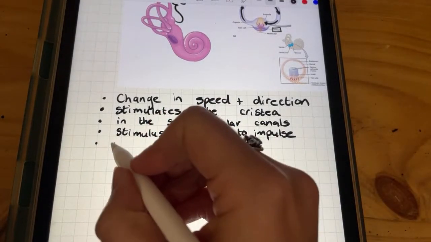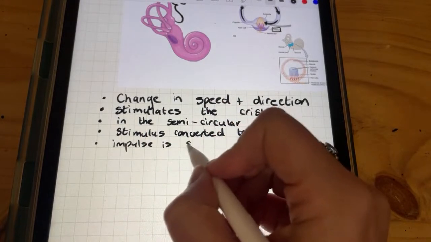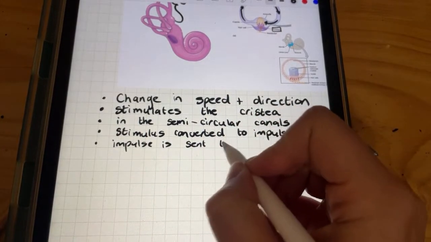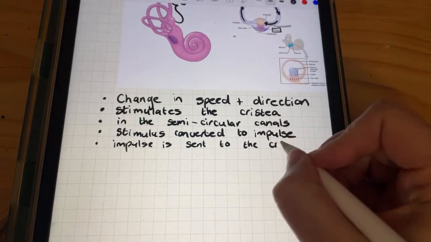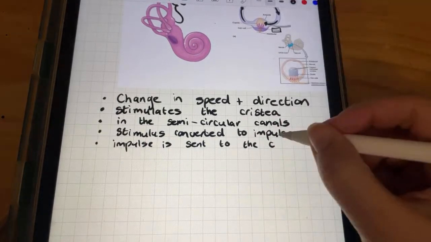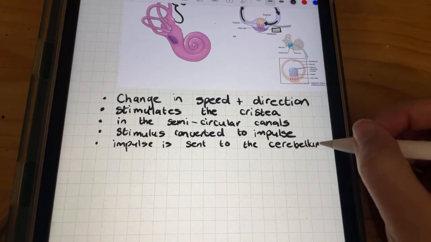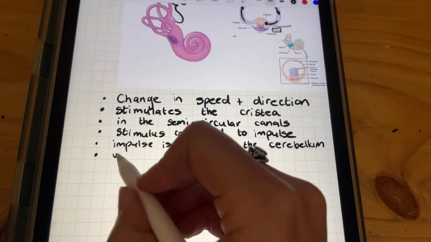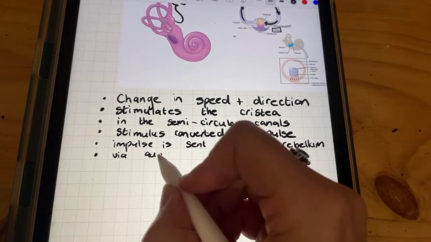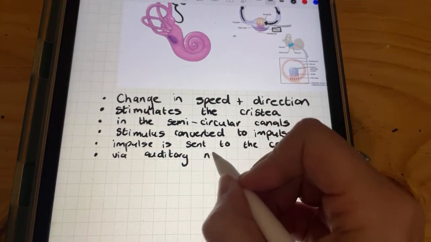We're almost done. The impulse is sent to the cerebellum. How does it get there? Via the auditory nerve.